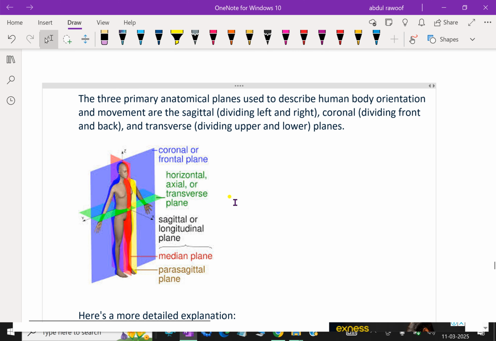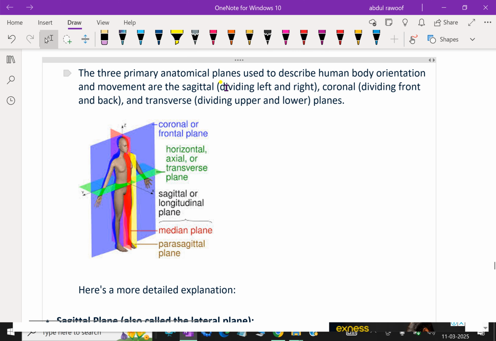Now look at this. The three primary anatomical planes used to describe human body orientation and movement are the sagittal, dividing left and right; coronal, dividing front and back; and transverse, dividing upper and lower. Look at this. This is the coronal or frontal plane, this is the horizontal, axial or transverse plane, and this is the sagittal or longitudinal plane.